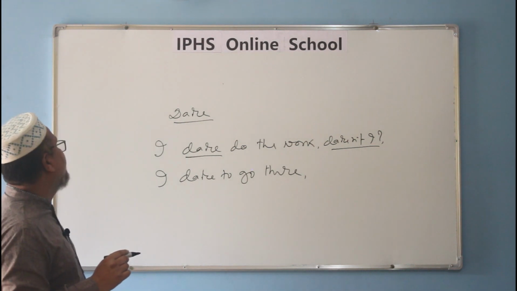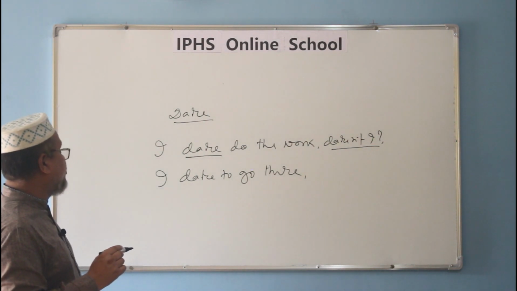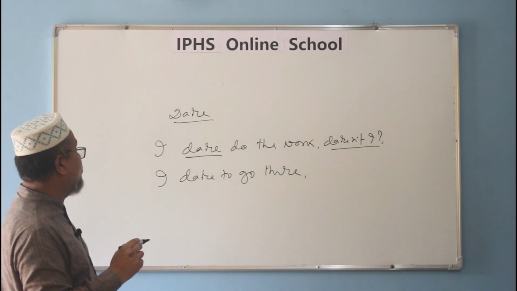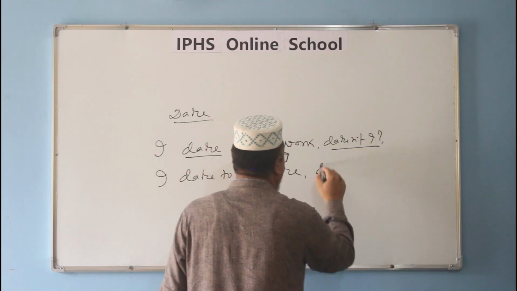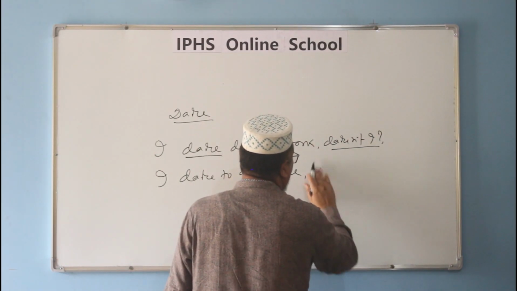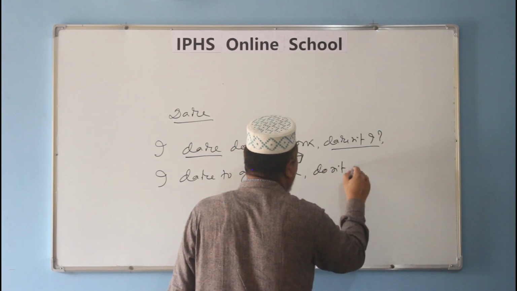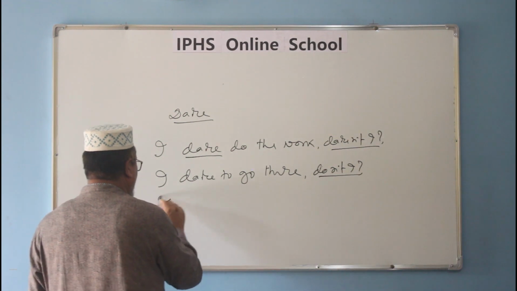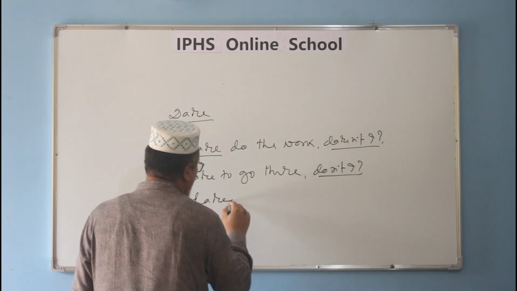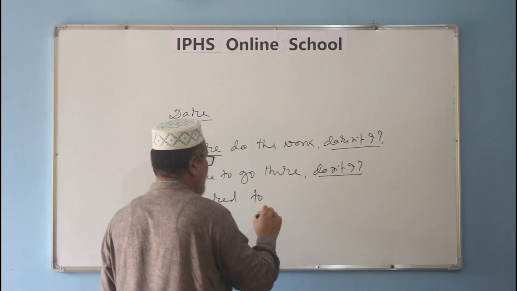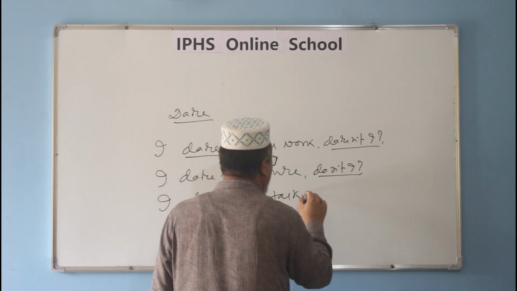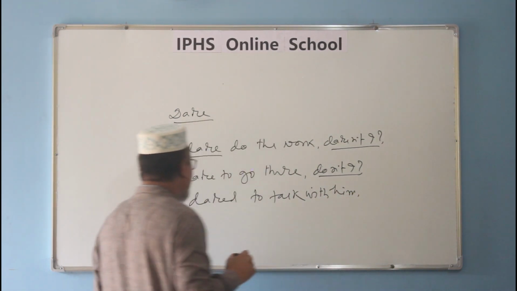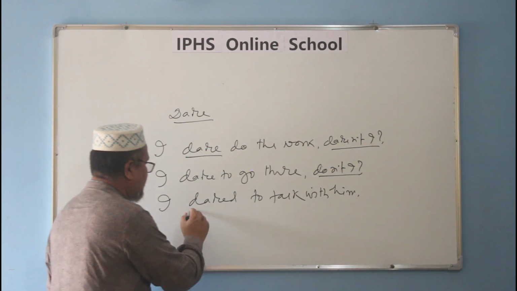So, we need to use don't to add a question with this sentence. Don't I? I dare to talk with him. In this sentence, dare is used as main verb.